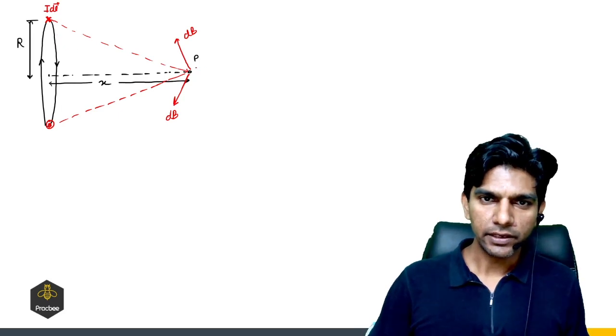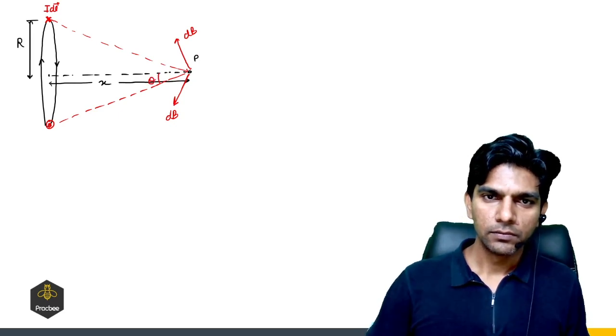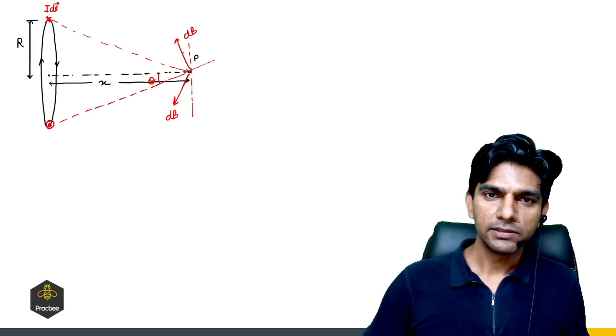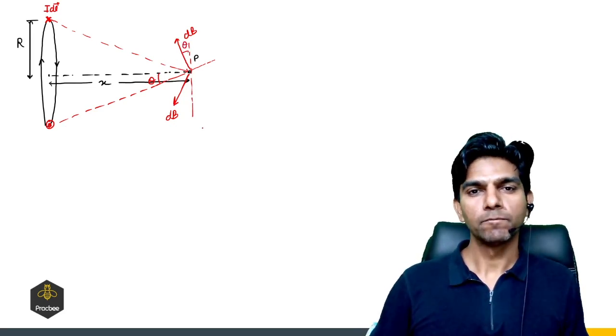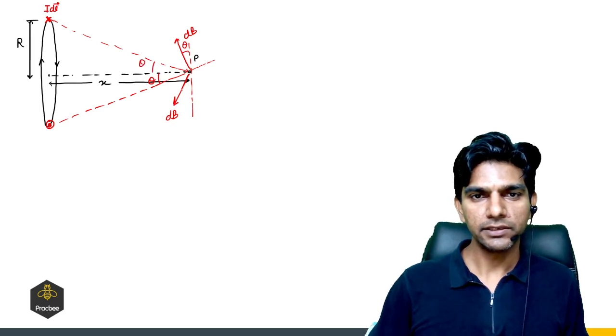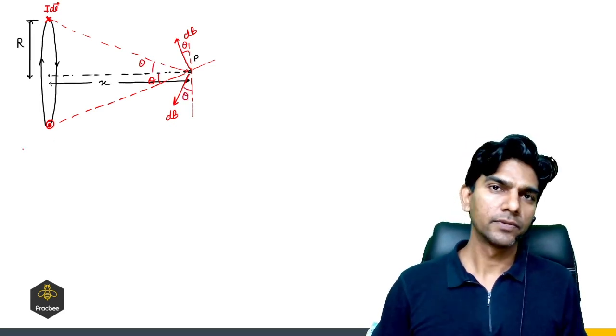So let me take some angles. If this angle is theta, then if I draw a vertical, this angle is also theta, right? Similarly, if this angle is theta, we can say this angle is also theta.